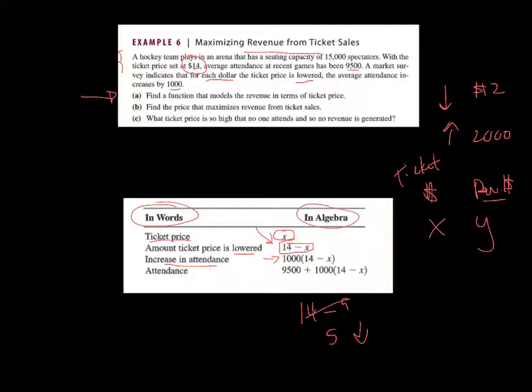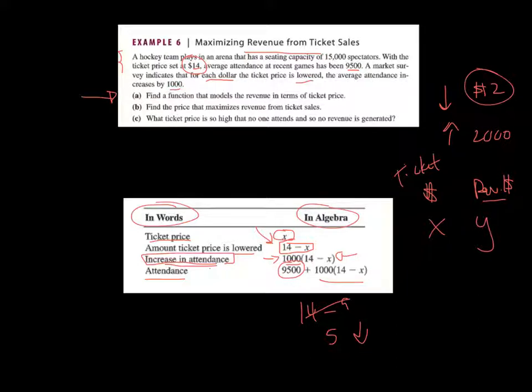So 5 times 1,000 would be a 5,000 increase in attendance, right? So this is the piece that tells us how many of the dollar decreases we've had. And attendance is going to be the 9,500 we currently have, plus 1,000 for every dollar decrease.